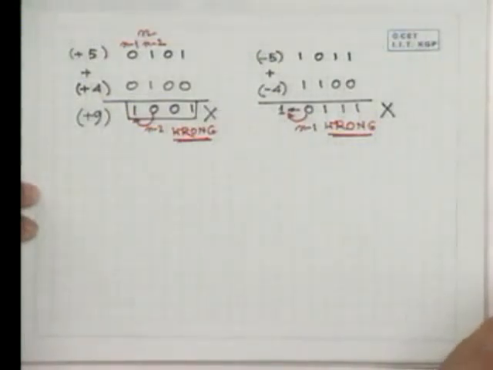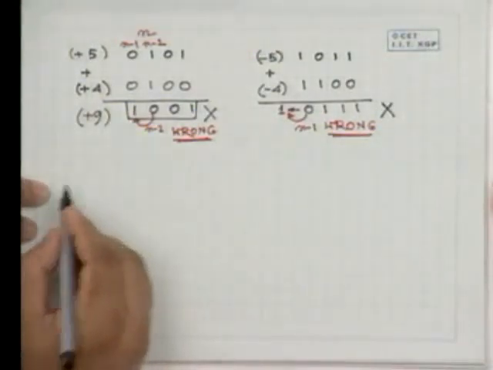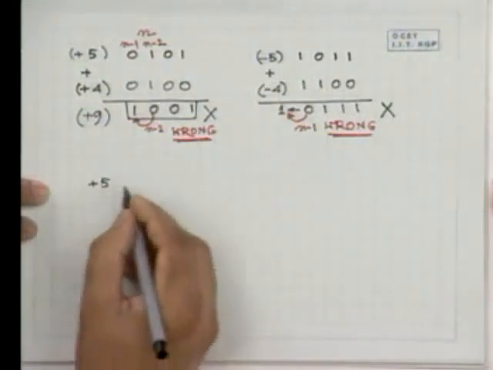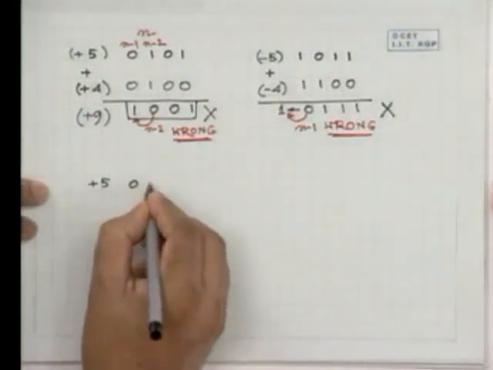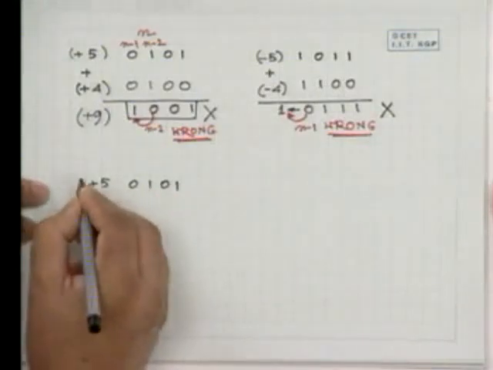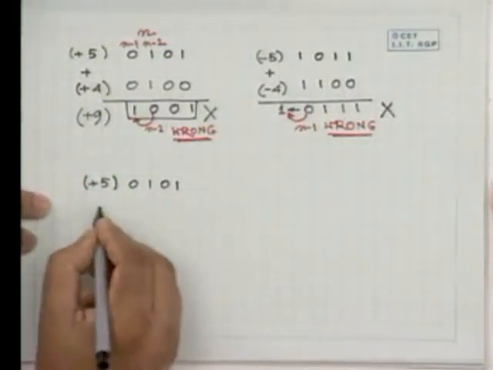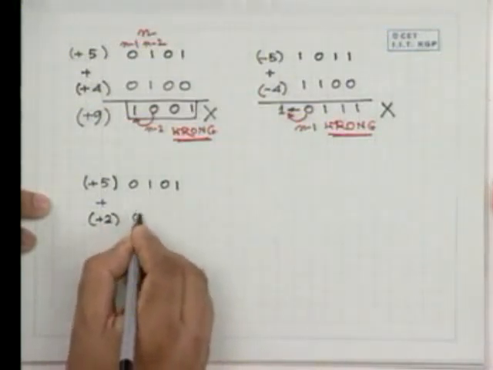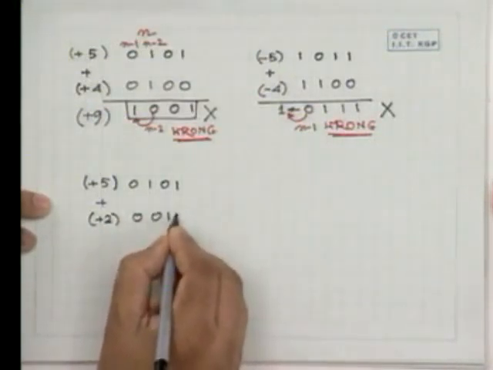Now let us take cases where the answer is right. Say we take plus 5, represented as 0, 1, 0, 1, and say plus 2, that is 0, 0, 1, 0.